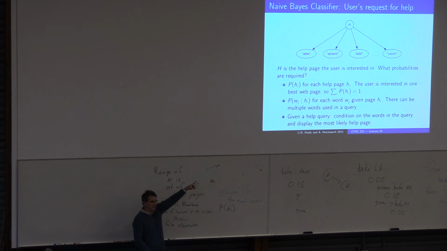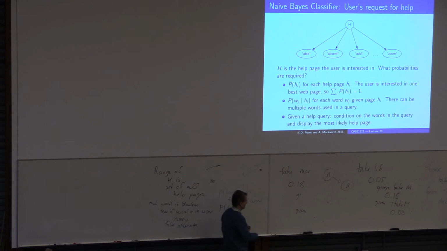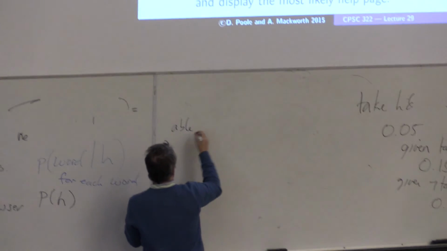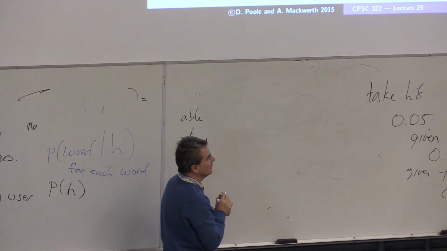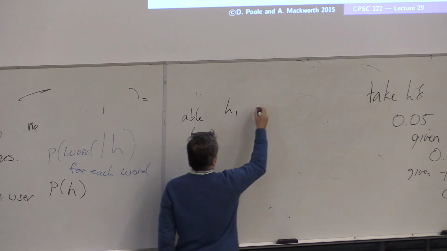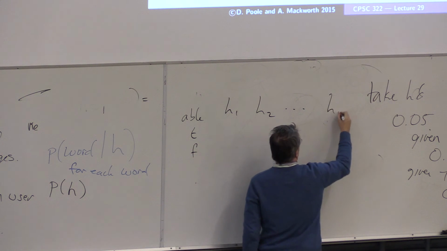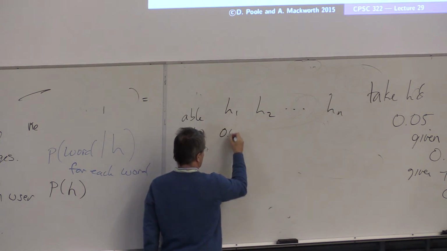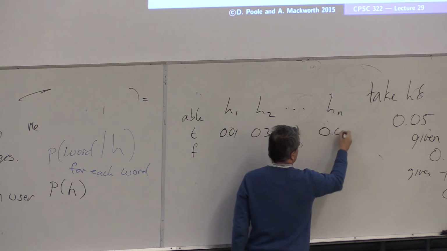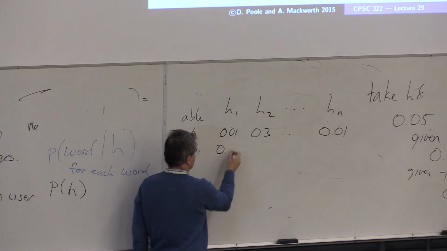And you know how inference works in this. Each time we do this, it ends up with, if we have a word, it is either true or false. And for each help page, H1, we have some probability, some help page 2, some help page n. Right, and there's some number like 0.01 and 0.3 and 0.01 or something, right?